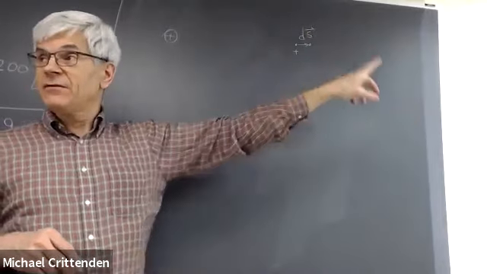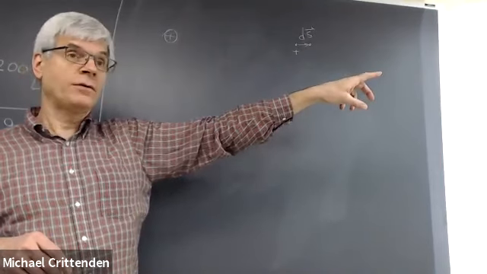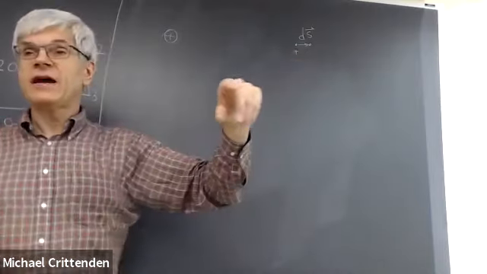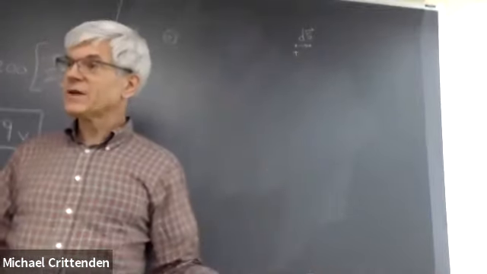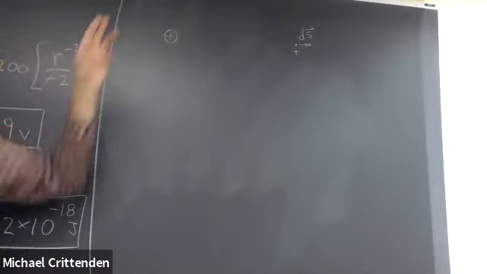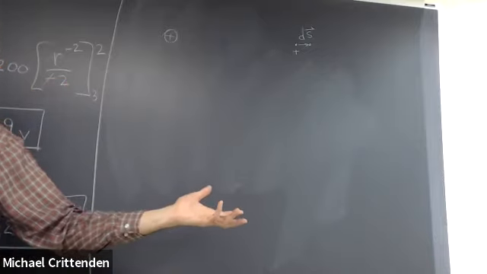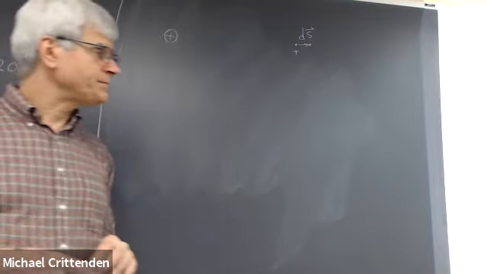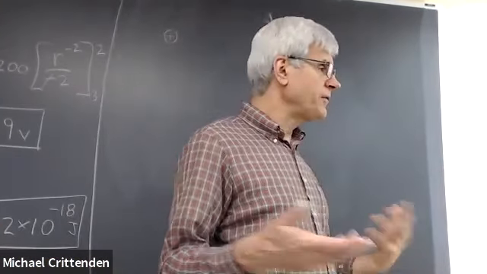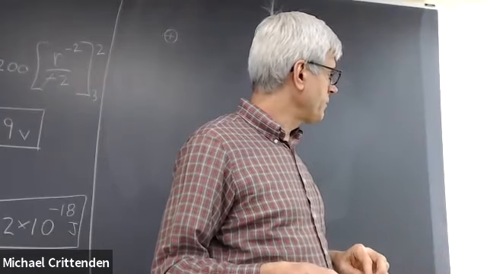You'd have to have it infinitely far away for there to be no force at all. And that's where we think of the test charge as having no energy. If it's not interacting with this other charge at all, it has no potential energy, and that would happen if they were infinitely far apart. So the formula would take on a more complicated form if you said the potential energy was zero somewhere else.